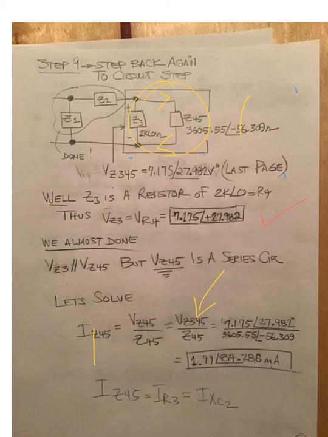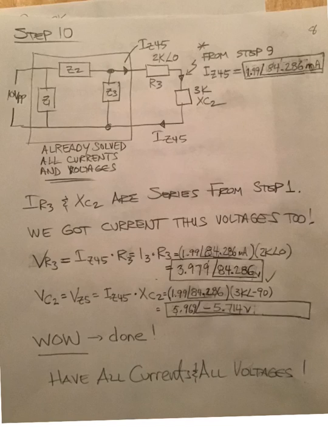We actually know what the voltage is of this whole cluster here because they're in parallel, right? So there's the voltage divided by the impedance of just Z45, and this gives us the current in the green arrow that we so desperately wanted. And we move into basically the last phase.